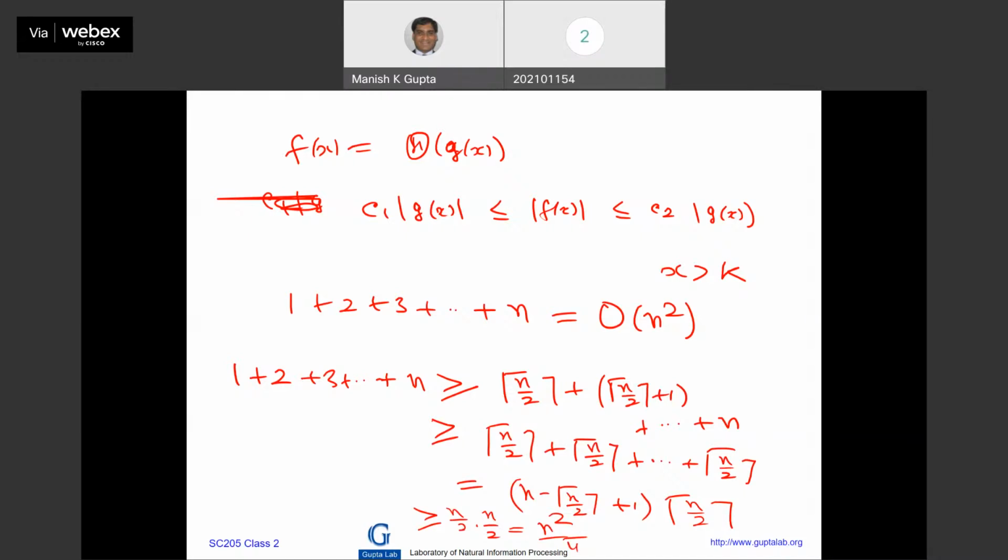So we have found that for n greater than 1, this quantity is lower bounded by n square by 4, right? So c is equal to 1. So that means we have this result that 1 plus 2 plus 3 plus dot dot dot n is big omega of n square. Now, since this is big O of n square and this is big omega of n square, this implies that 1 plus 2 plus 3 up to n is big theta of n square.